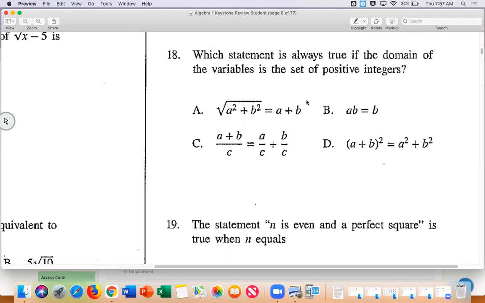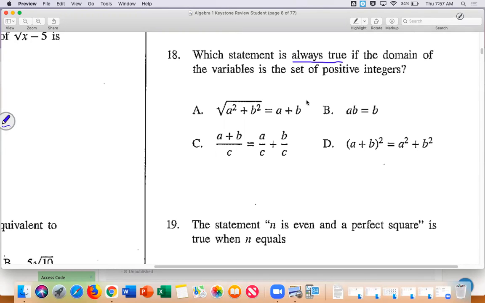So here it says positive integers. Now, Kevin, I want you to pick 2 positive integers for me. Don't go crazy and be like 1,000. Pick nice small positive integers. 4 and 8. And it says always true, right? Okay.